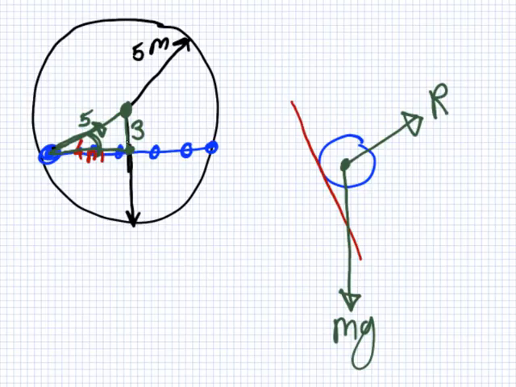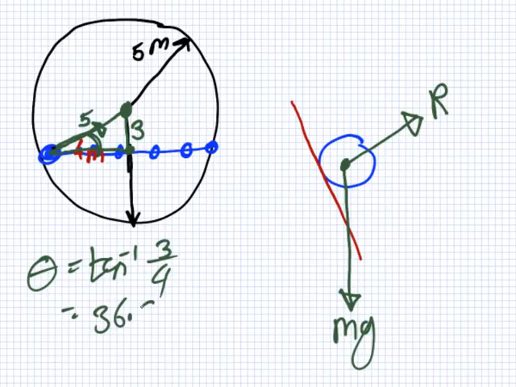So, theta equals tan inverse 3 over 4, which equals 36.9. It's like a classic one, I've used it so many times. 36.9 degrees.